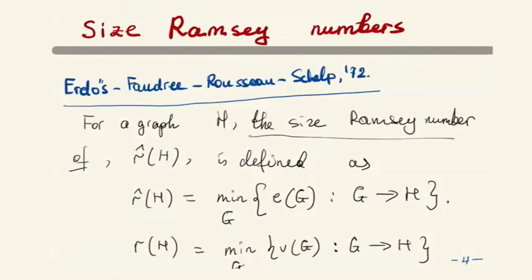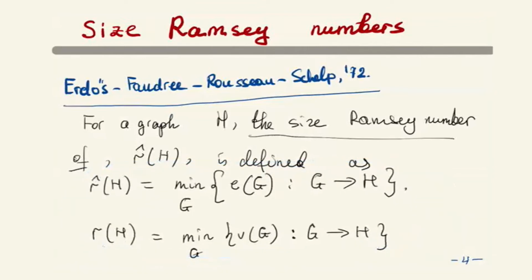One easy fact before going ahead: it's not difficult to see that the size Ramsey number of H is at most R(H) choose 2, because you can just take the complete graph on R(H) vertices, which is Ramsey for H. If you take all the edges there, that already gives you a bound for the size Ramsey number.